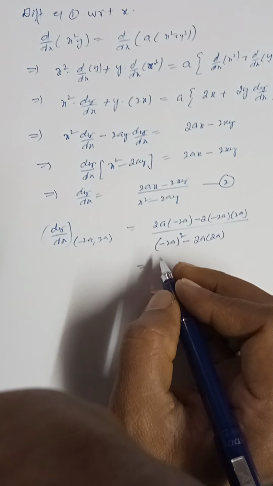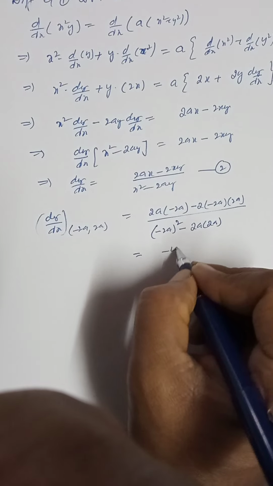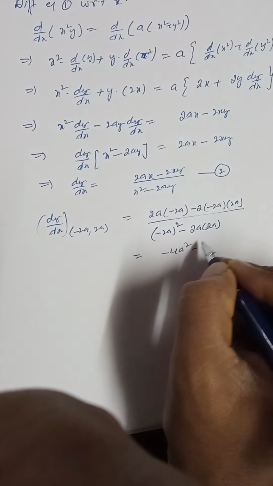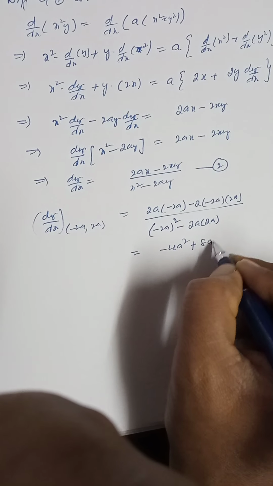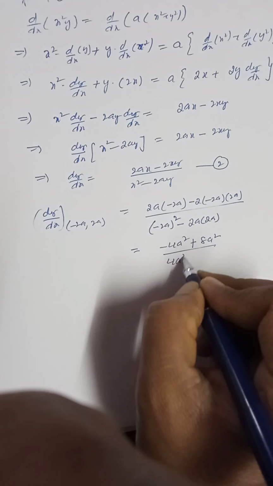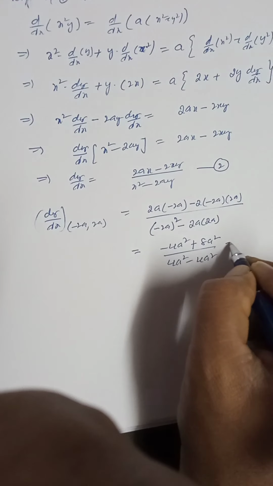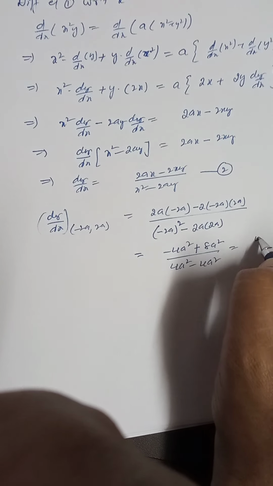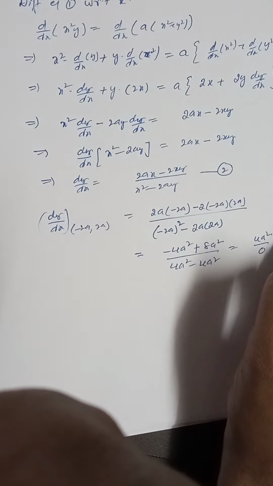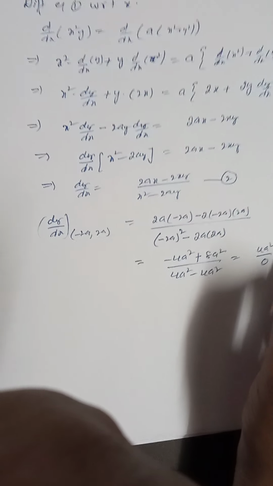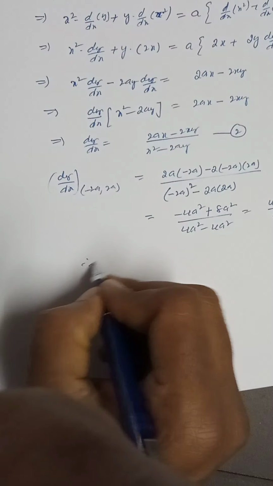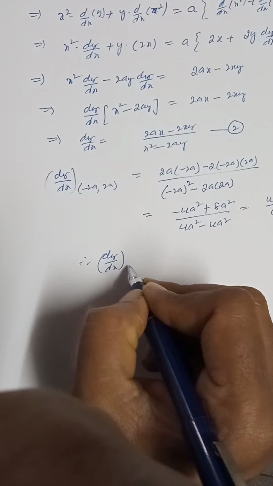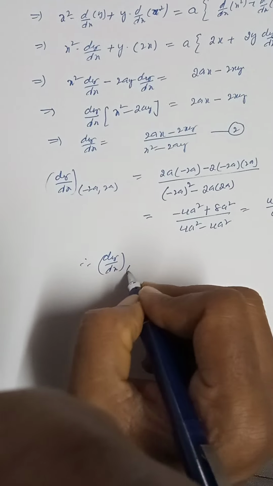What will we get here? -4a square minus minus becomes plus: 2 2s are 4, 4 2s are 8, so 8a square, by 4a square minus 4a square. That is equal to 4a square by 0, which is not defined. This is nothing but infinite. Therefore dy by dx at (-2a, 2a) is equal to infinity.